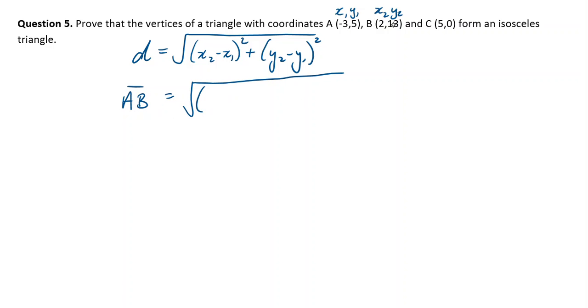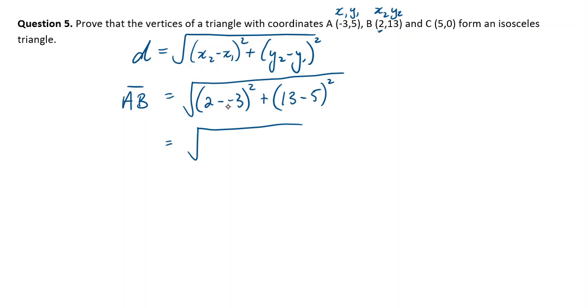So let's just substitute in here. We're going to have x2, which is 2, minus x1, which is negative 3, all squared, plus y2, which is 13, minus y1, which is 5, all squared. We could at that stage put it on the calculator, but we really should get good at doing these without a calculator, because in math methods you won't be able to use a calculator.